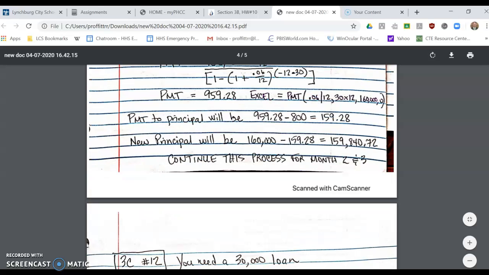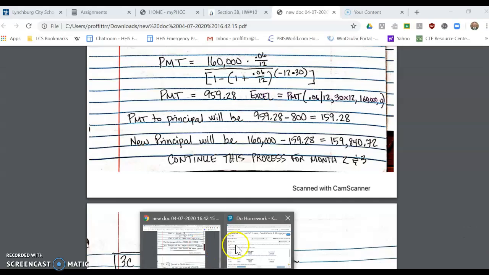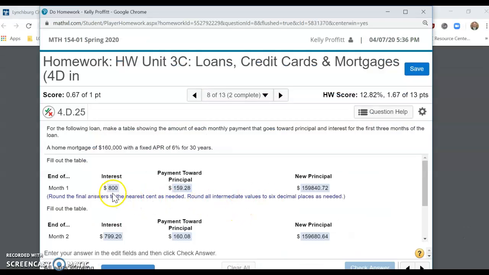Okay, so I'll go back to show you where that is on your sheet: here's the 800, here's the payment amount that goes towards the principal, here's the new principal. Now, all you do is continue this process.